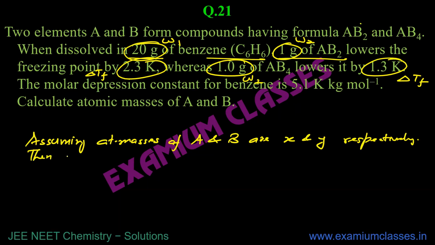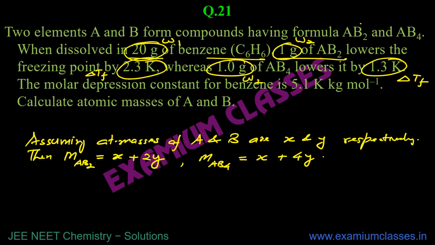Then molar mass of AB2 will be A plus twice of B, and molar mass of AB4 will be A's atomic mass, once, and B is 4 times, 4Y. So I got the molar masses of AB2 and AB4 in terms of their atomic masses.